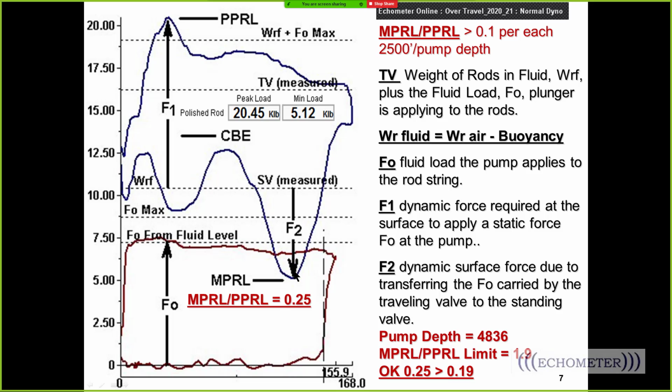But if this minimum load was much less and this ratio became less than 0.19, we'd probably say, well, we're going to experience a higher failure rate in this well, and we'd probably recommend to reduce the pumping speed. So this number of 0.1 per 2,500 feet of depth is a good rule of thumb, and it's something that I've practiced since the 1980s, and something that we should be aware of.